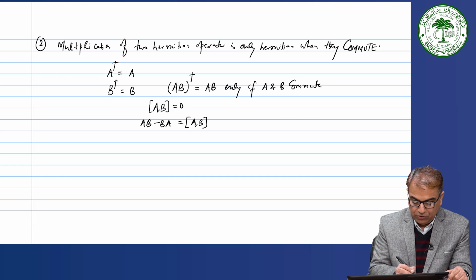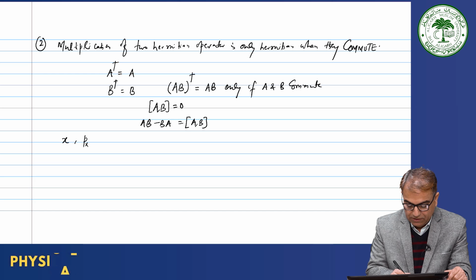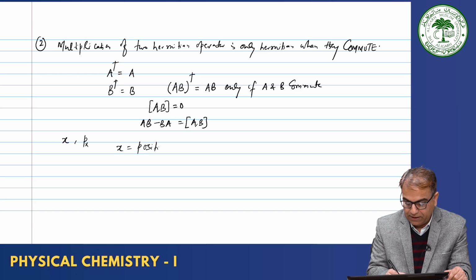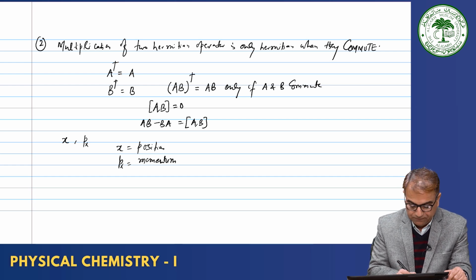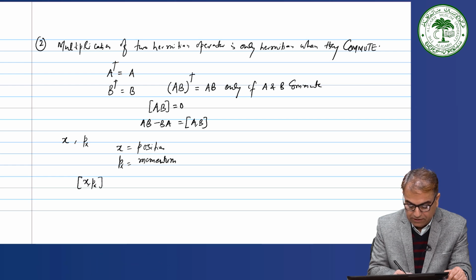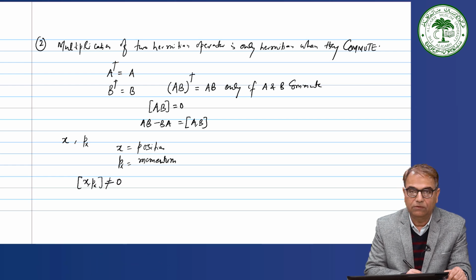What about the two operators, say X and Px? As we talked about yesterday, X is a position operator and Px is a momentum operator, and they do not commute, because if you find out the commutator of x and Px, it will not be equal to 0.